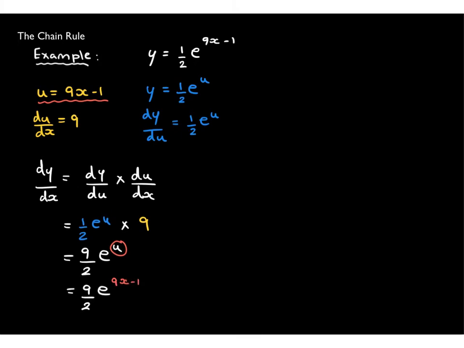And again, as I said previously, look at the original function, y equals a half e to the 9x minus 1. Can you see the connection between this and the derivative? So 9 over 2 e to the 9x minus 1.